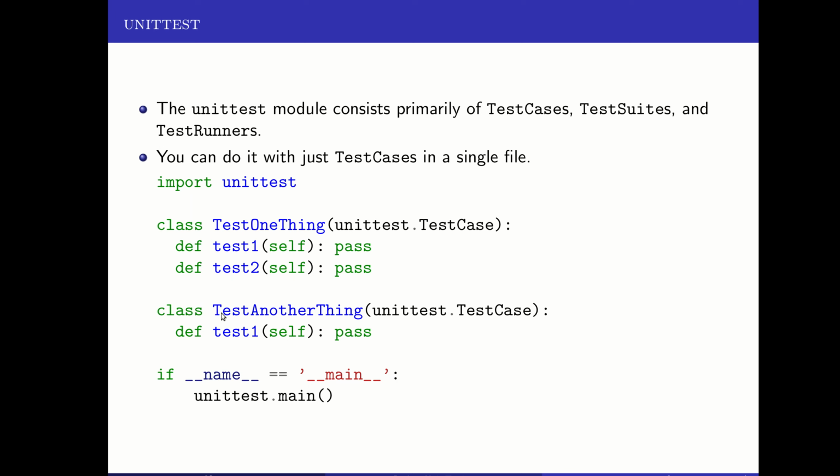And then we have another class, test another thing. So this is an interesting note that there can be multiple classes defined in this one file. The file doesn't have to have the same name as the classes like in Java. They don't need to be inner classes and only one outer class.